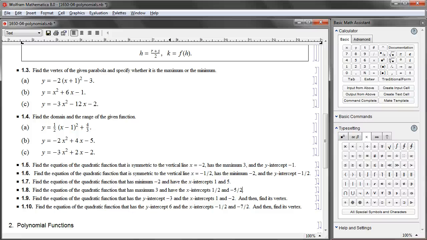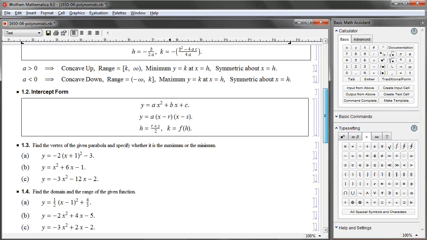How about something like this one? You have maximum 3, so that's the k value. And then intercepts are 1/2 and negative 5/2. So 1/2 and negative 5/2 will replace r and s there. So you have an equation except for the unknown a value.